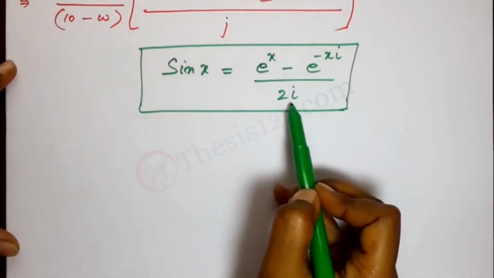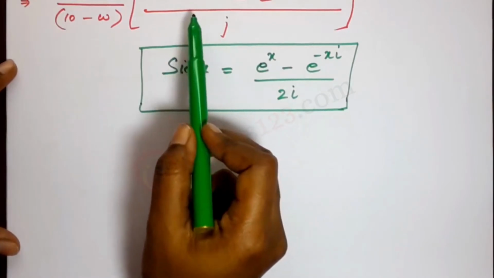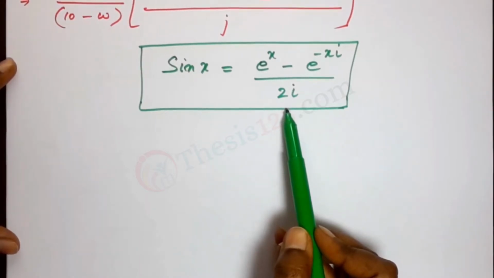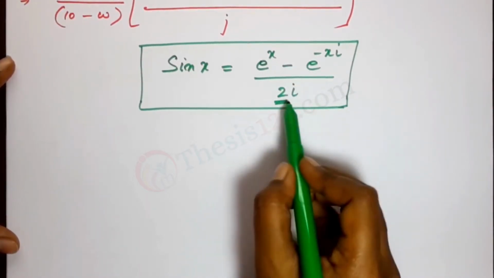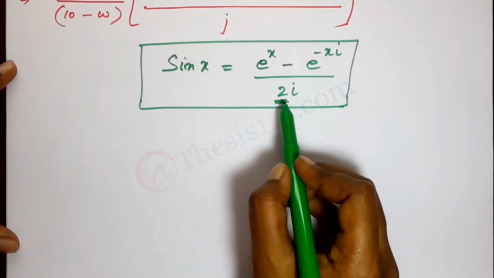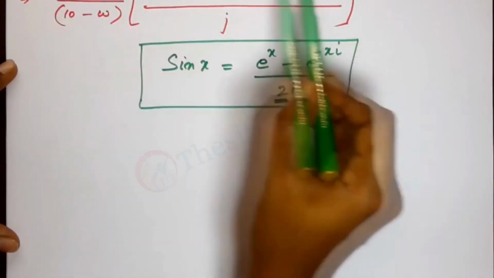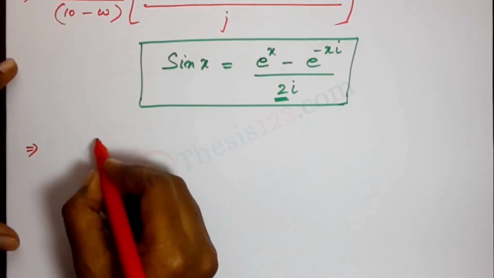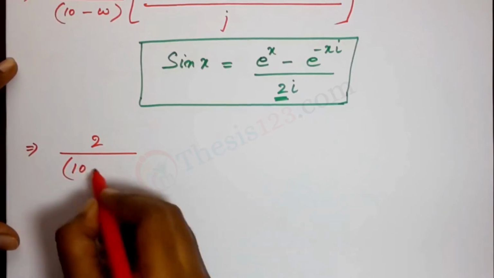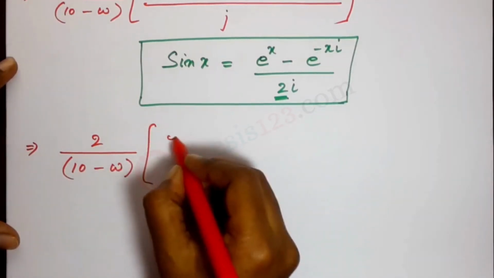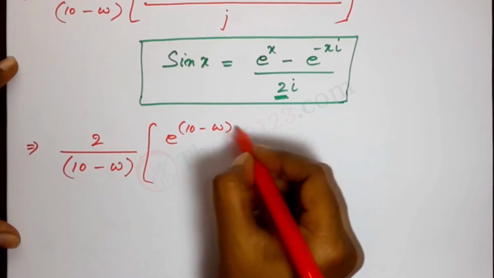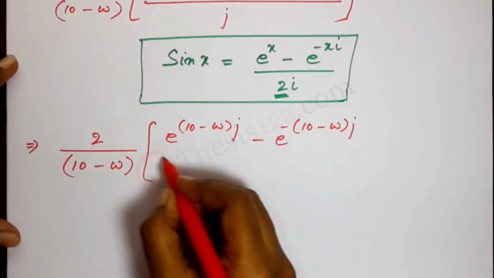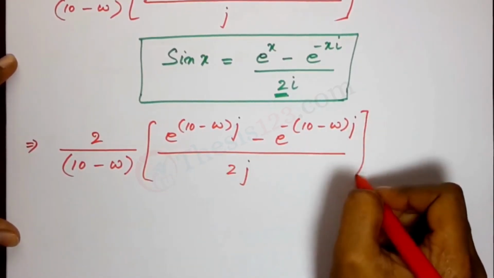Now this is the equation for sine in terms of e. Now, if you notice this term here, the formula here and the term that we have in our expression above, what do you see missing? You see that 2 is missing, isn't it? So, for the next step, we are going to multiply and divide the expression here by 2. So, let's see what we have now. 2 divided by 10 minus omega into e power 10 minus omega j minus e power minus 10 minus omega j divided by 2j.